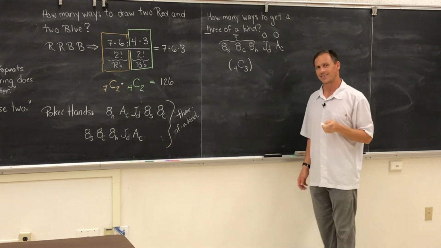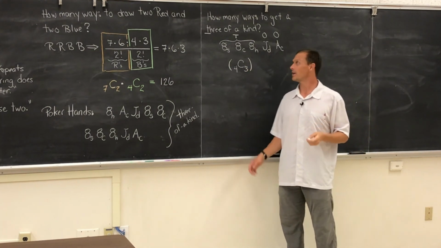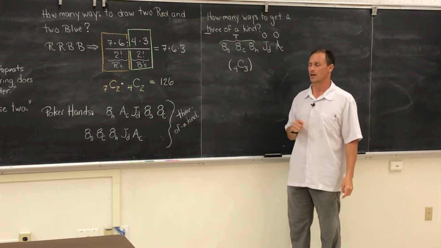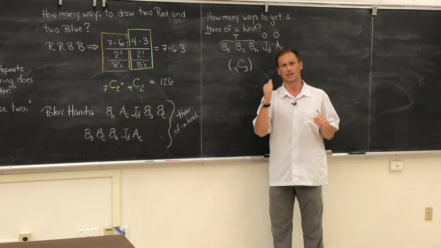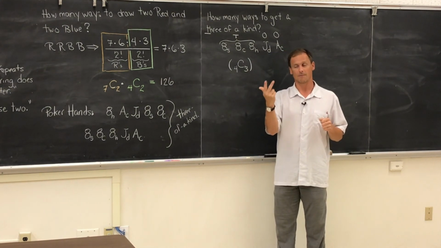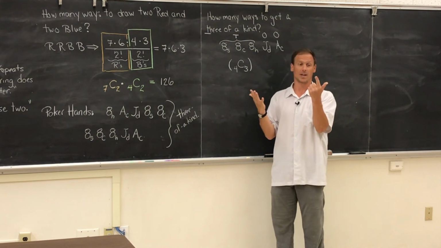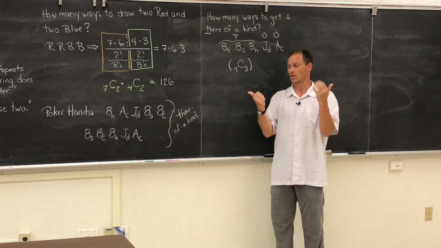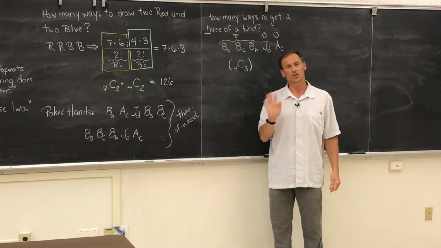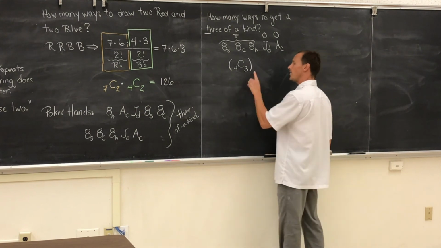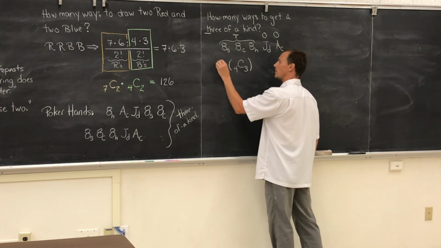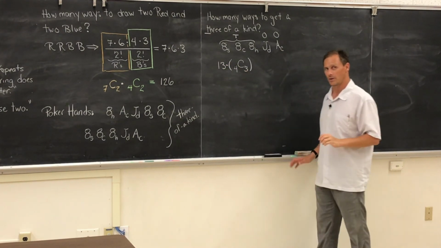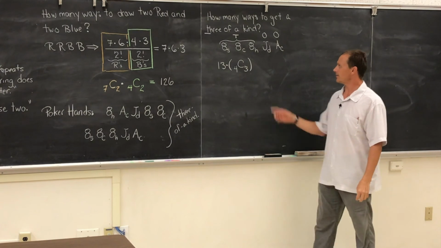Now, it gets a little bit better, because you could get a 3 of a kind with 3 8s, or 3 2s, 3 3s, 4s, 5s, 6s, 7s, 8s, 9s, 10s, jacks, queens, kings, aces. There's 13. The 3 of a kind part can happen 13 different ways. And again, you're going to multiply. That's all we've done.